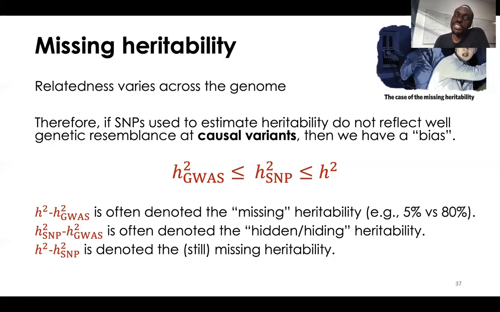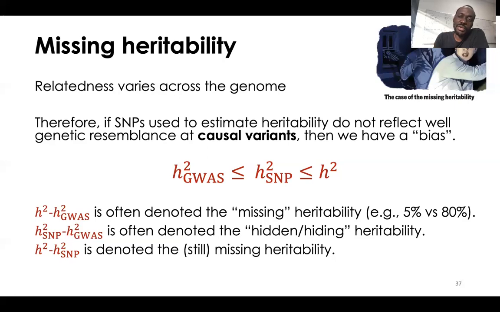And there is another part called the still missing heritability. It acknowledges that with SNPs, imputation, or the technology that we have, we may not be able to assay properly all possible causal variation for the trait that we're analyzing.